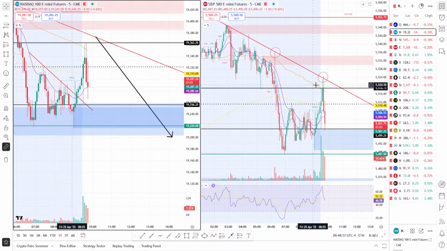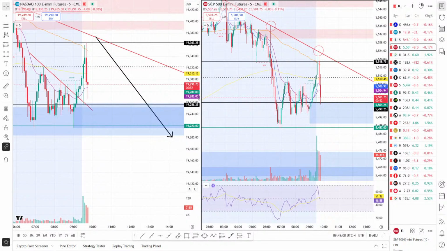It's not looking good. This demand zone here on ES is kind of holding us up.